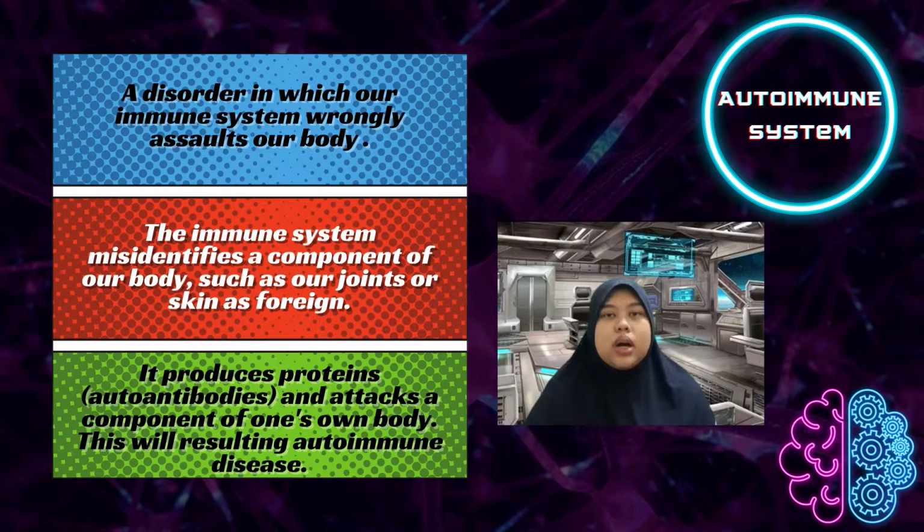In autoimmune disease, however, the immune system misidentifies a component of our body, such as our joint or skin, as foreign. It produces proteins known as autoantibodies which attack healthy cells. As a result, the immune system attacks a component of one's own body, resulting in autoimmune disease.